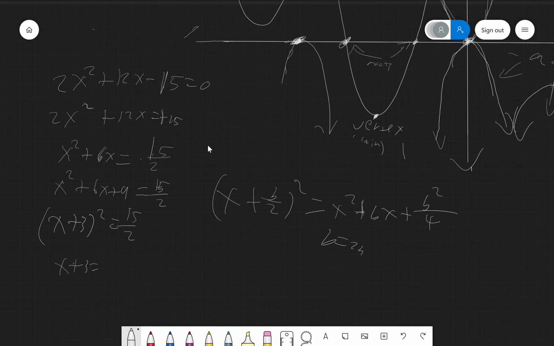So remember, when we square root, hopefully you caught this, you have plus or minus the square root of 15 over 2. Please remember that, plus or minus. If you don't, you have to punch yourself. Okay, now x is equal to negative 3 plus or minus the square root of 15 over 2. Yay! That's the solution. Now, the square root of 15 over 2 is some ugly number, so nice.